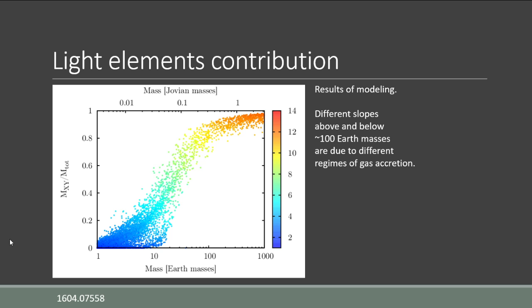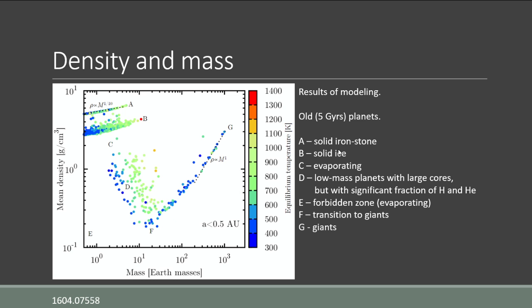What is shown is the fraction of hydrogen and helium depending on the mass of a planet in the model. So again, we see that as we move towards more massive planets, hydrogen and helium start to dominate because they are just more abundant in the cloud, in the material out of which the star and the planetary system around it were formed.